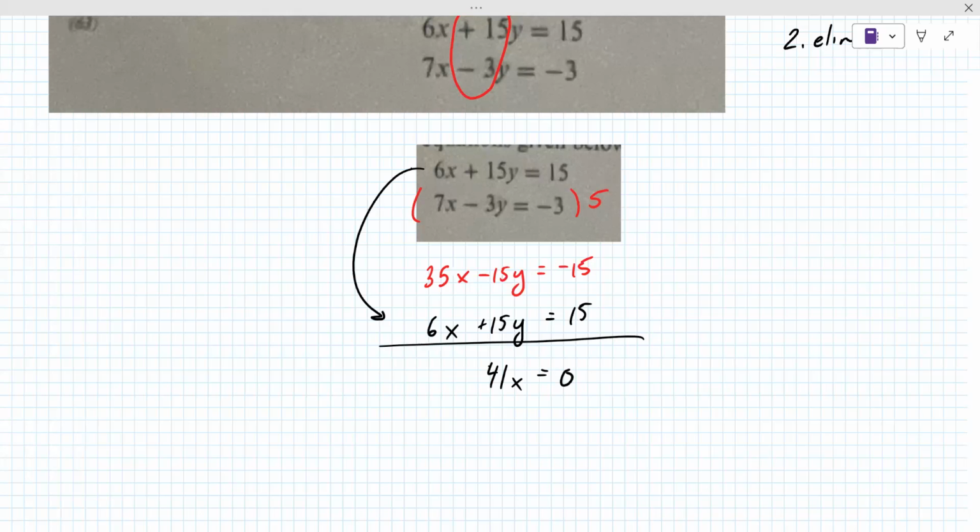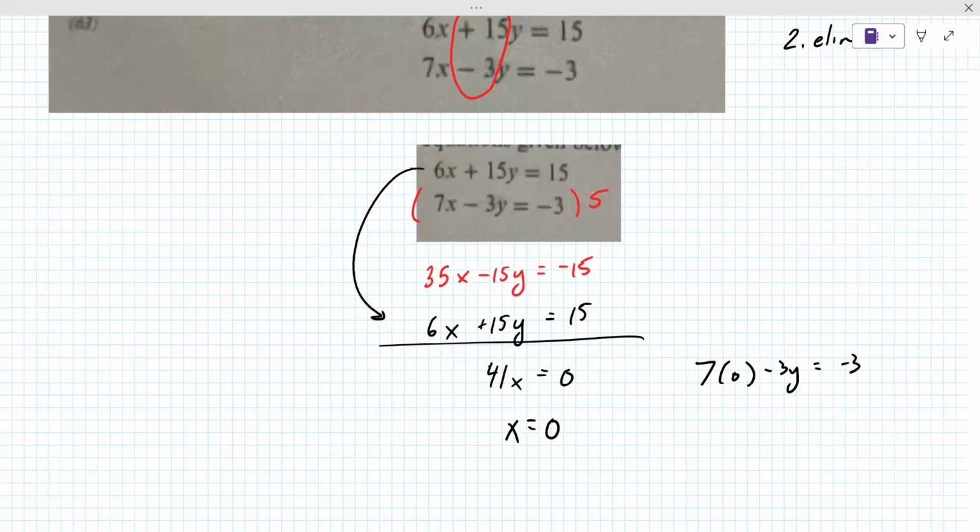What is the value of x in this case? 0. It is 0. That's okay. Now you can use either equation to find y, your choice. Yeah, we can just go with the second one. Okay, so I'll let you do that. 7 times 0 minus 3 times y equals minus 3.